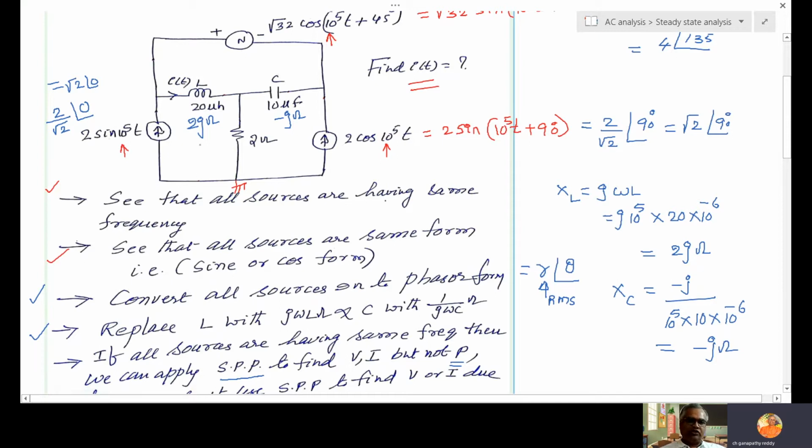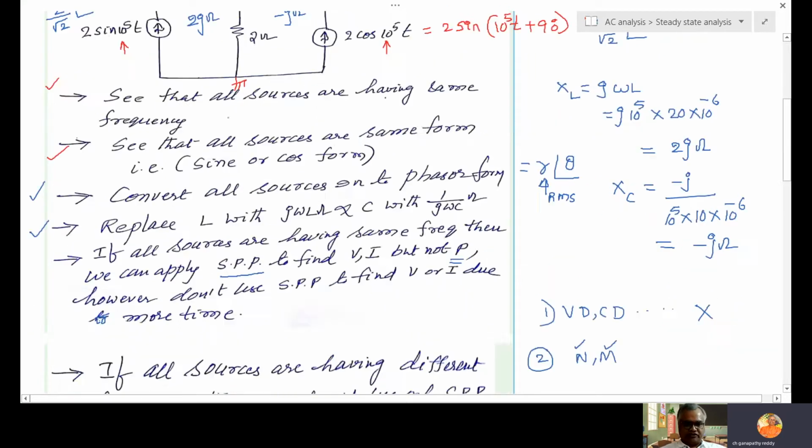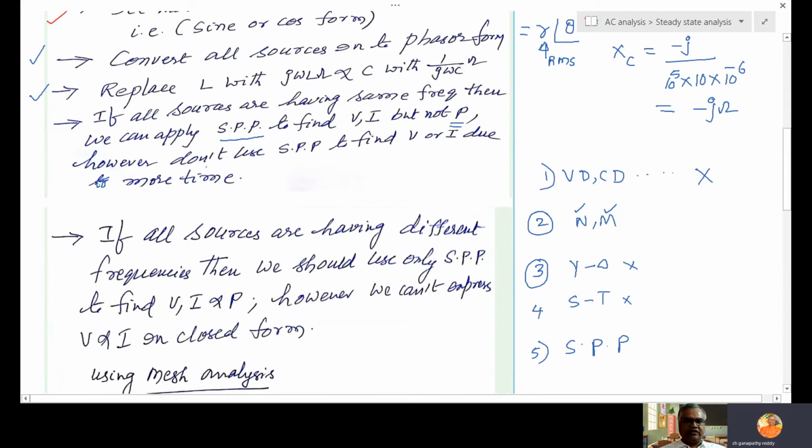So in total it effectively takes 20 minutes. But if you solve using mesh analysis, it will take just 5 minutes. So that's why I said don't use the superposition principle to find voltage or current due to more time. In principle we can apply it, but because of more time, I said don't use this.